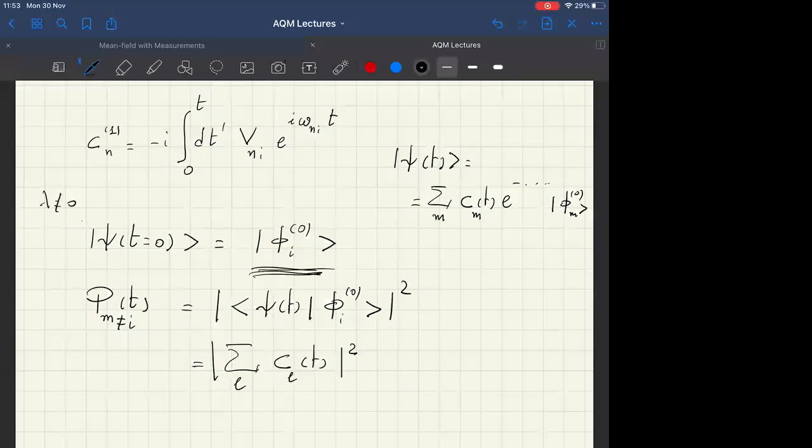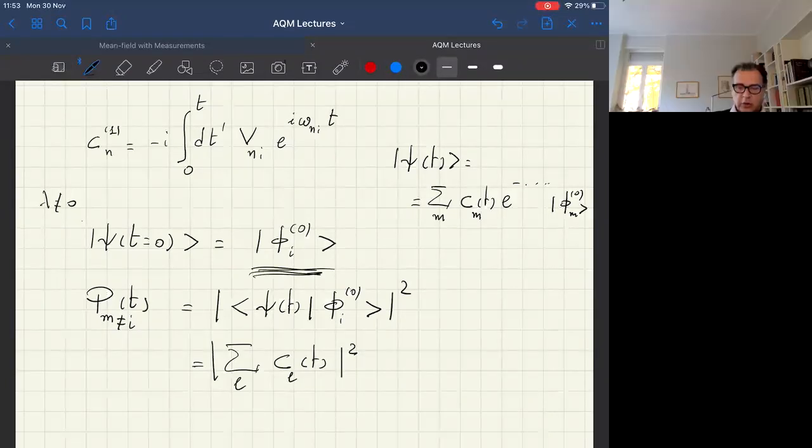Is it C M star? It's modulo squared, so the conjugate is the same. You're right, if I write the star here it is the same, because I have to take the modulo squared.